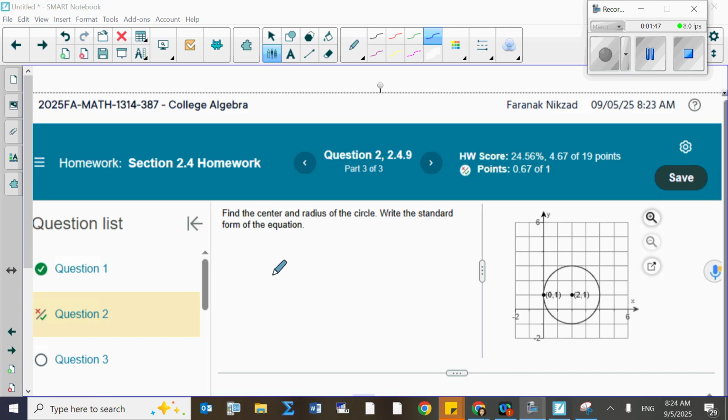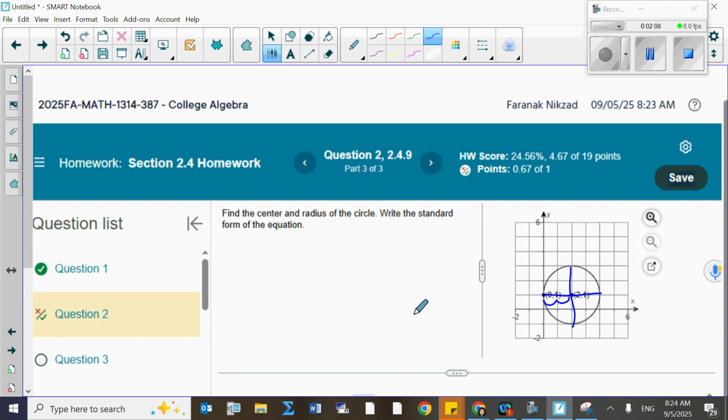Okay, next question is asking us to find the center and radius from this graph and write the standard form of the equation. So obviously the center is here at 2 and 1, and the radius is the distance from the center to this point or any of the other points like this. These are all radius. So I can just obviously see that the radius is 2.